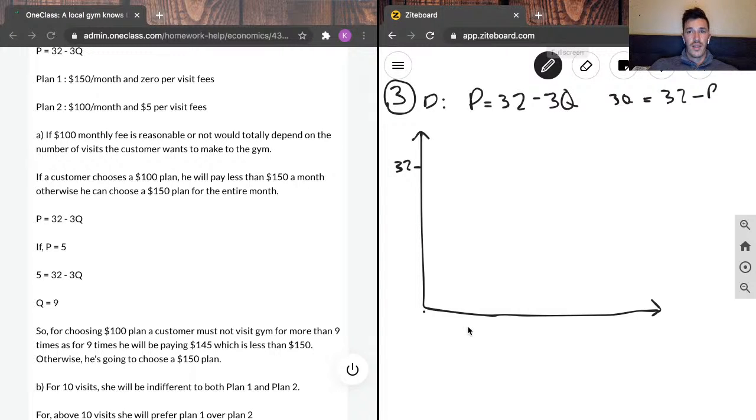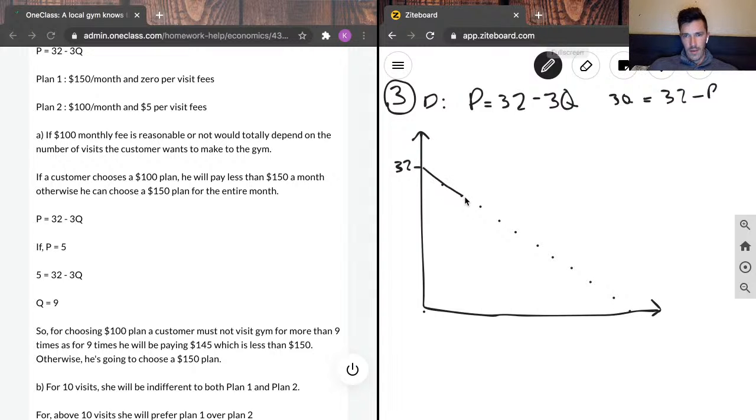Then for each visit to the gym, that will decrease by 3. So for example here, 29, 26, 23, 20, 17, 14, 11, 8, 5, 2, 0.